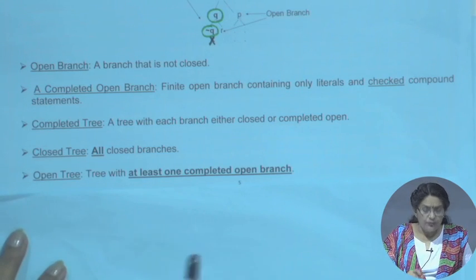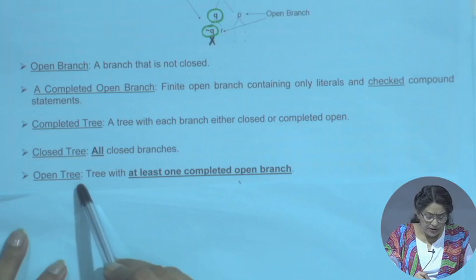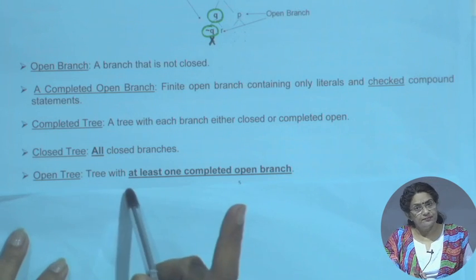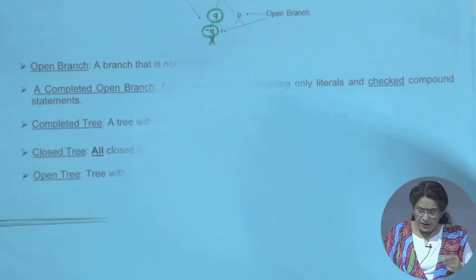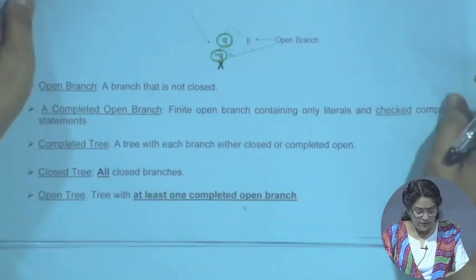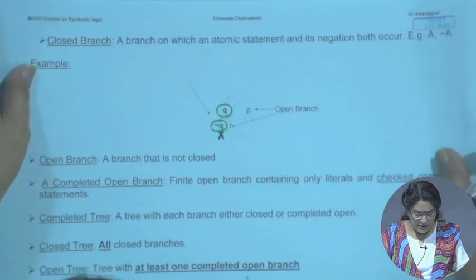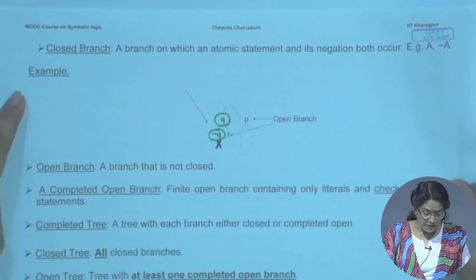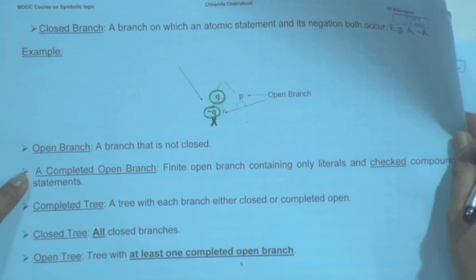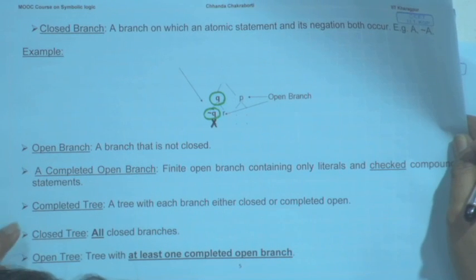In comparison, what is an open tree? An open tree is a tree with at least one completed open branch. Okay. So, let us take a look at them all together. We have just learned what a closed branch is, what an open branch is, what a completed open branch is, what a completed tree is, what a closed tree is, and what an open tree is.